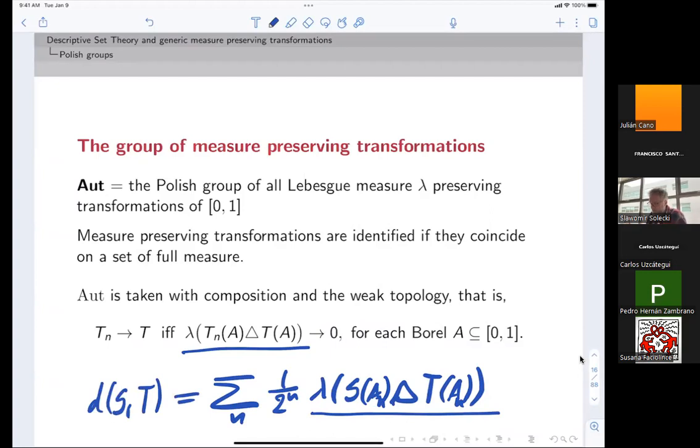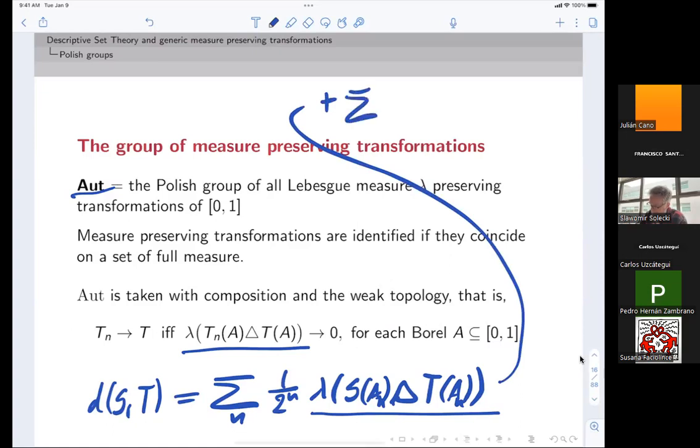This is a metric on that group that gives you the right topology, but this metric is not going to be complete. What you have to do additionally is add the same sum, except that you take the inverses also. And now with these two components, this is a complete metric on the group Aut that gives you the right topology.